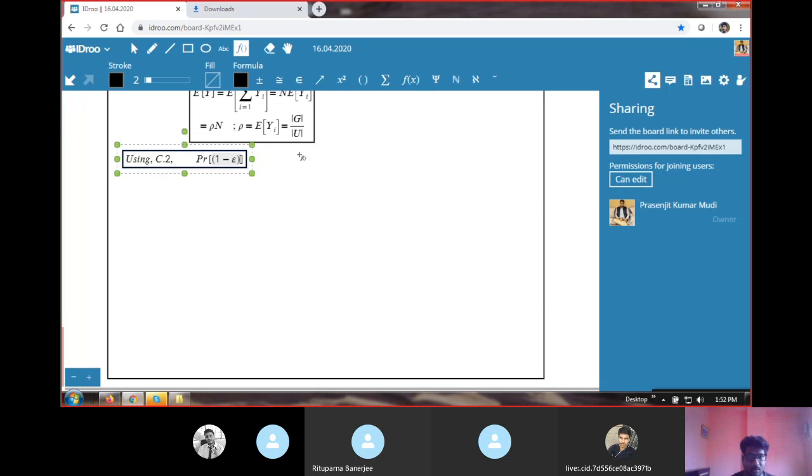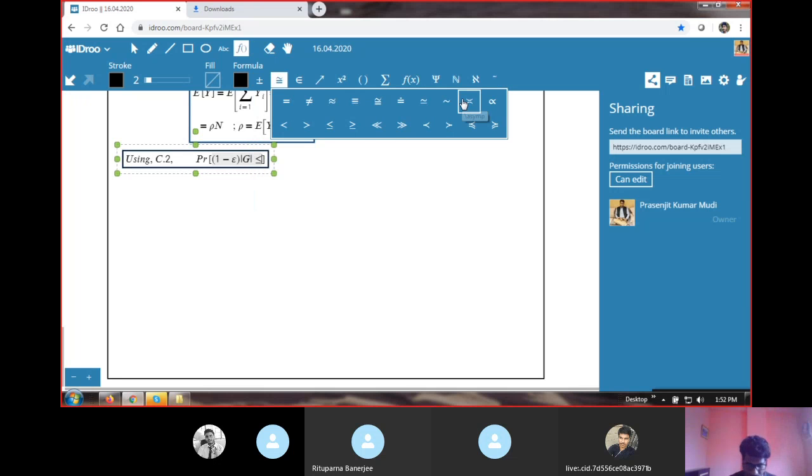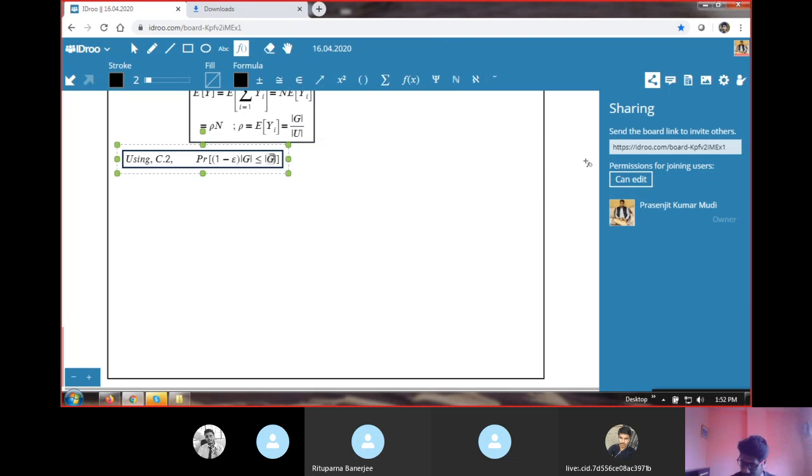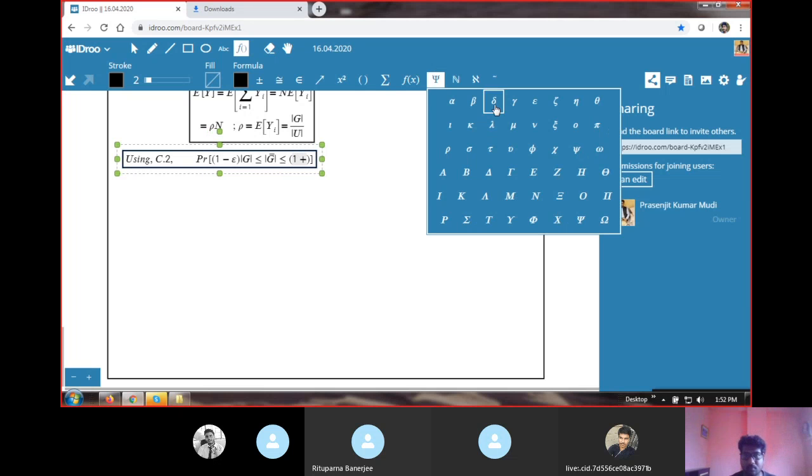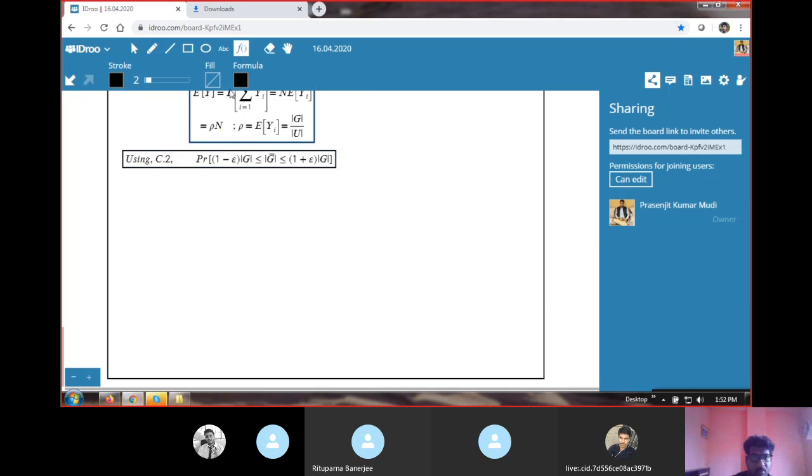In our case, g is the subset of interest, so g is the exact counting and g hat is the approximate counting.